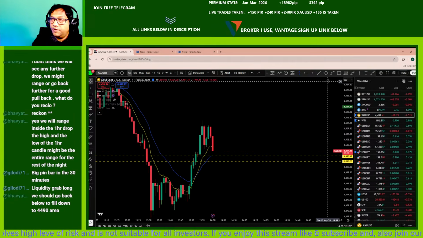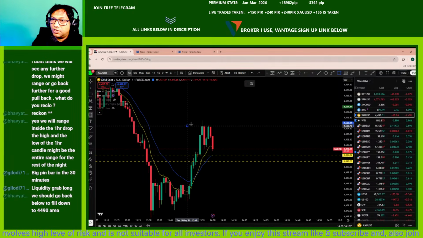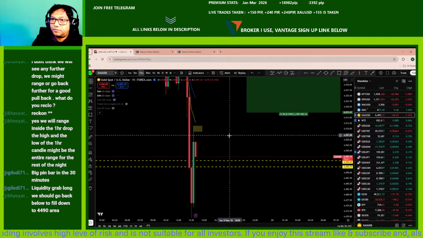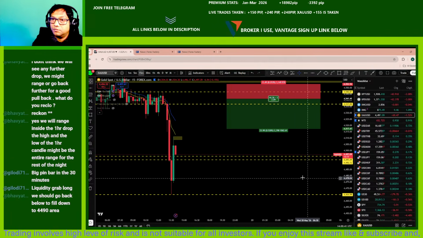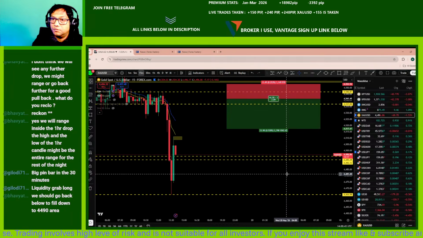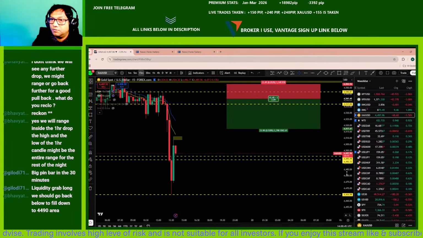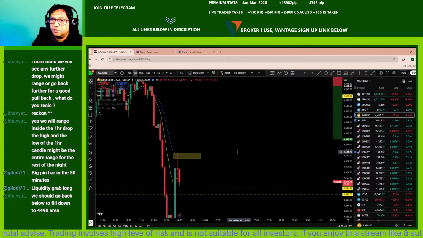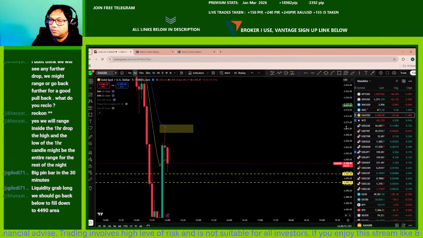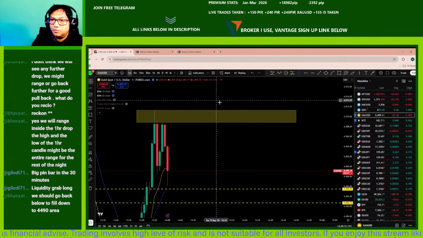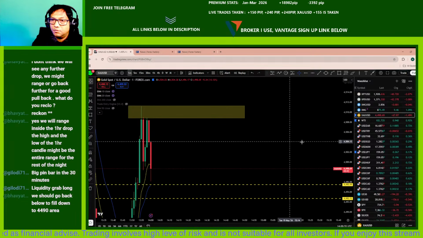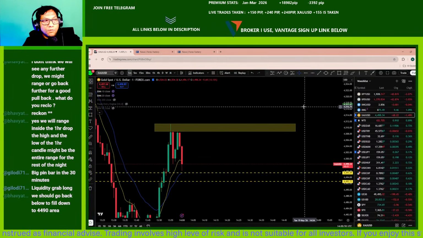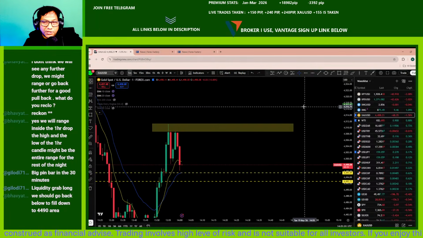If it does, we will see a very interesting structure formation here in this area. It could create a very interesting structure in this area here.